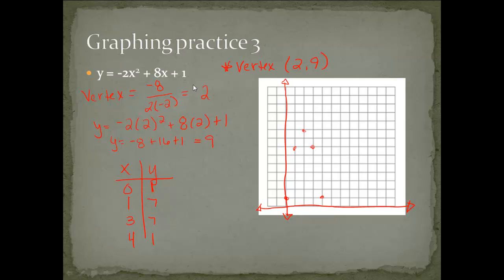And if you look back at your original equation, you should see there's a -2 up here. So that tells me it's going to open upside down. It's going to open downward. So our points match that idea there, that it should open downward. And there we have our graph for this one.